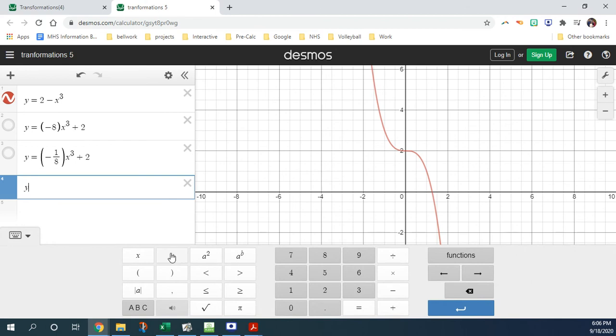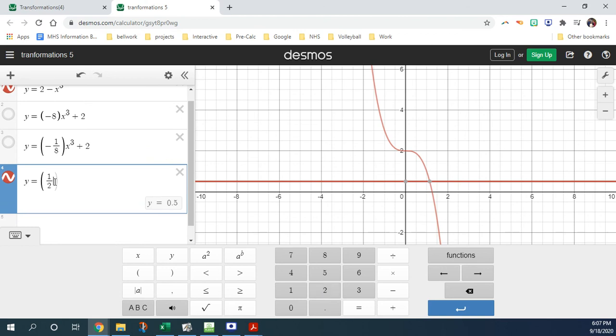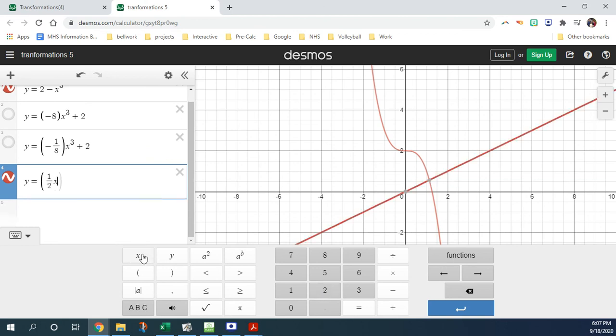So we're going to have y equals, parentheses, we said that I'm going to plug in a 1/2, I still have an x, and it can still be to the 3rd power.